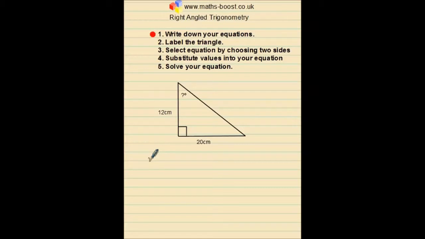Here's another example. Just as before, step 1 is to write down your equations. Do this every time. It will definitely be ingrained in your memory by the time you come to the exam.